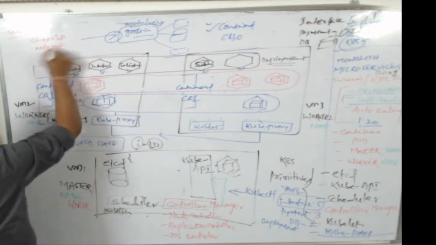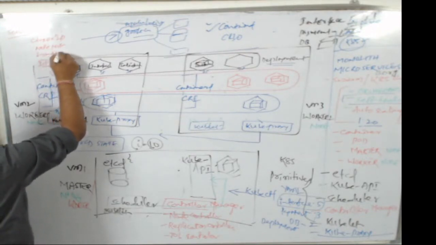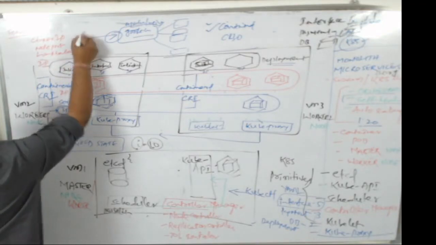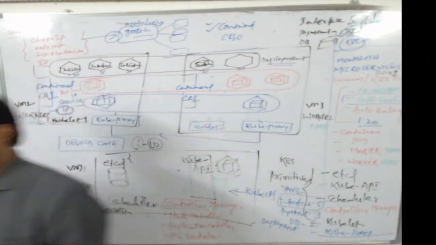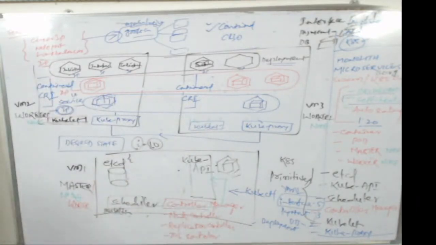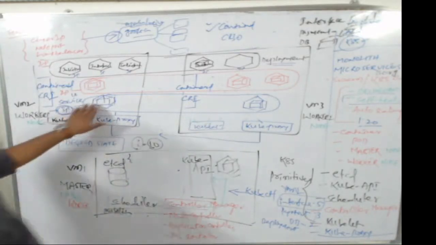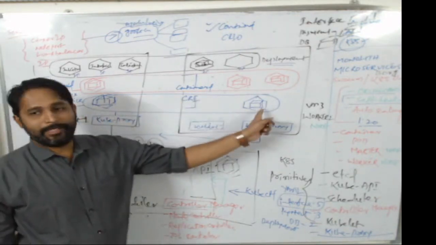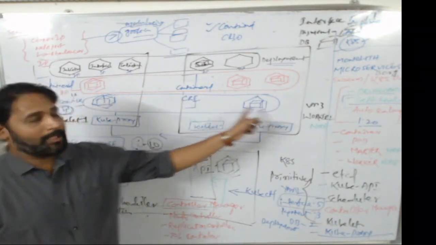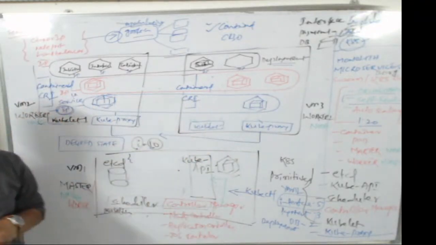We'll talk about these things later. Then you have a load balancer. These are the three types of service IPs. Using any one of these things, you can reach a service. And once you reach a service, it will decide which of these pods will receive the request.